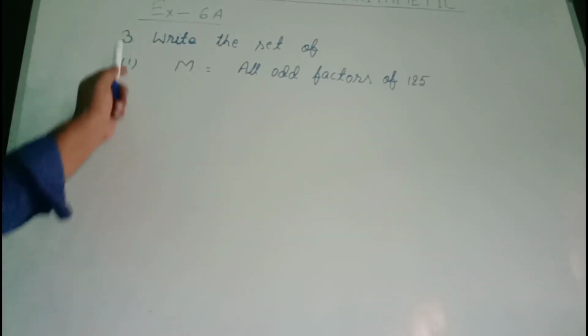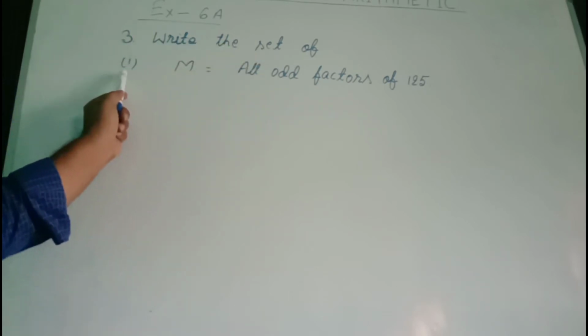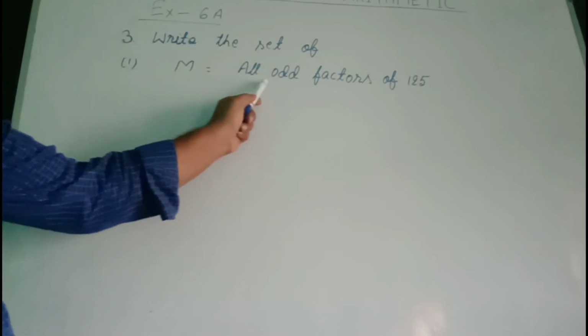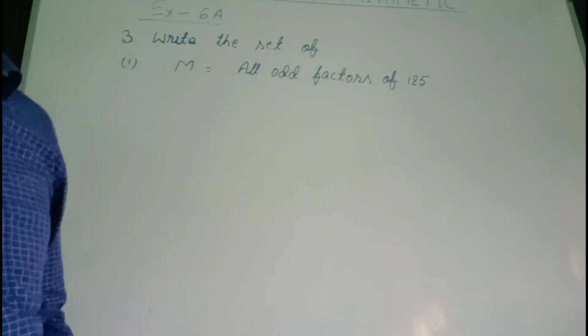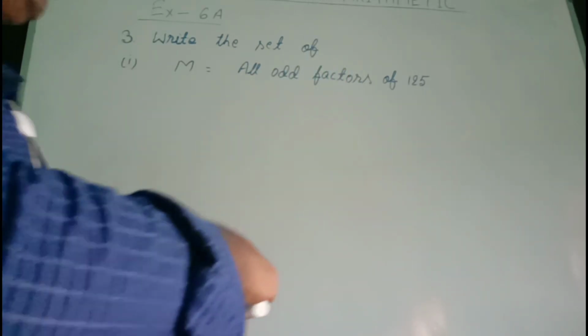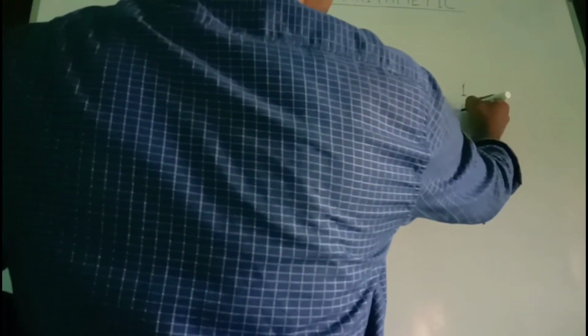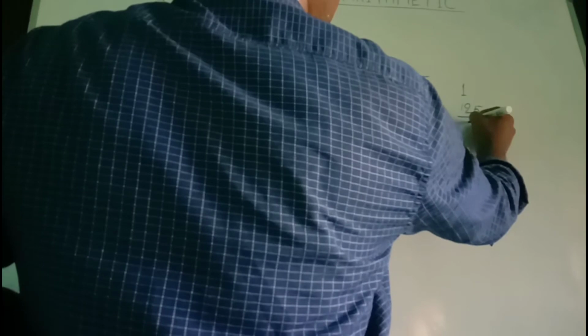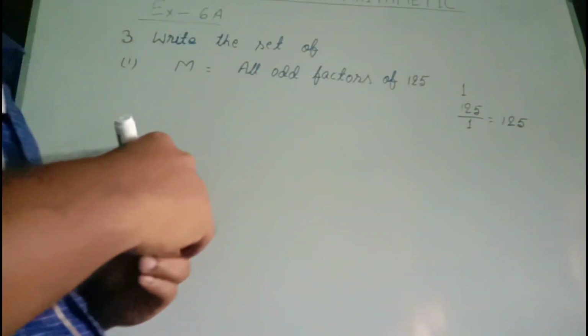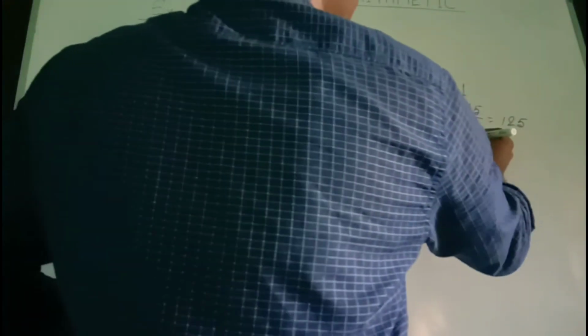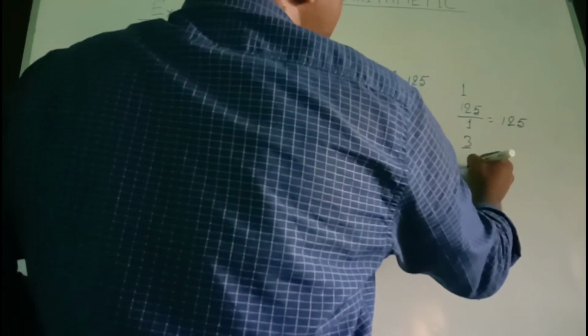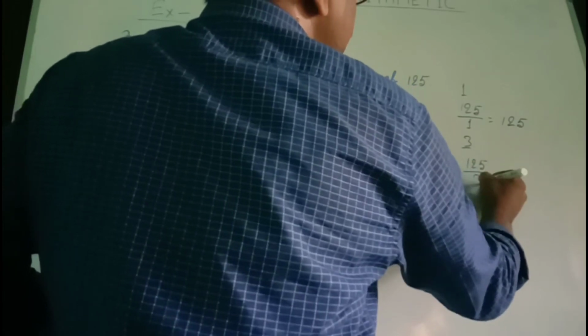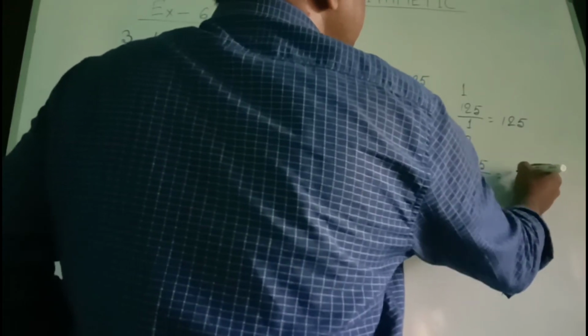Our next question is 3. Write the set of Roman number 1, if M is all odd factors of 125. The first odd factor will be 1, because we can divide 125 by 1 and that is completely divisible. We get the quotient 125. Now if we take the second odd factor as 3 and divide 125 by 3, it is not completely divisible.